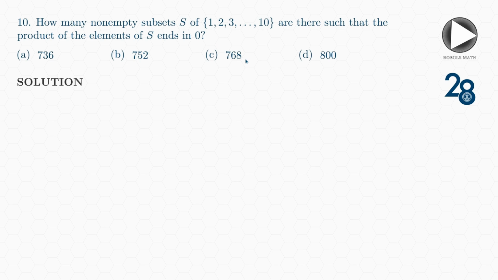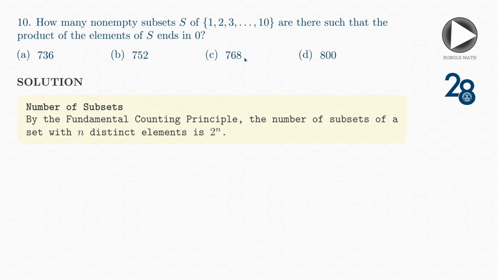So to answer this problem, we have to make use of the consequence of the fundamental counting principle that the number of subsets of a set with n distinct elements is 2 to the n.